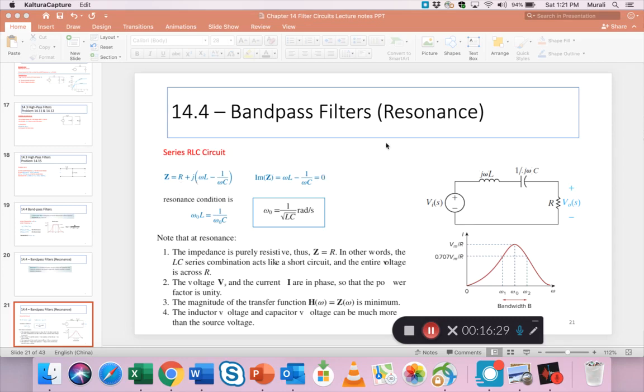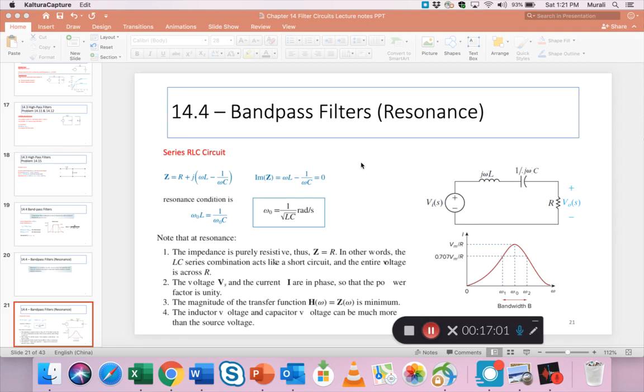And at a certain point, the imaginary portion of Z, the impedance, meaning everything in the brackets, let's say we set that to 0. So what happens? All that's left is an R, right? Because everything else falls to 0.